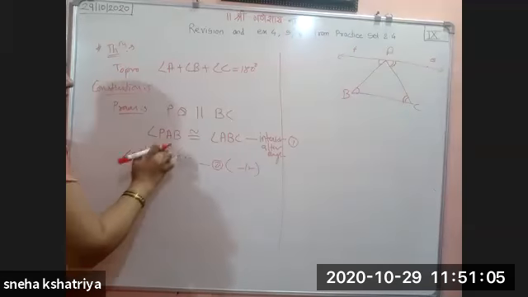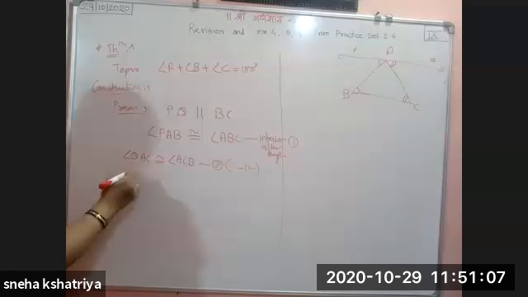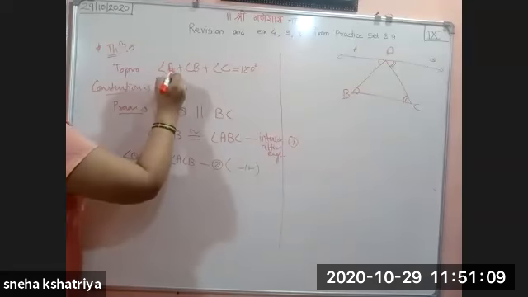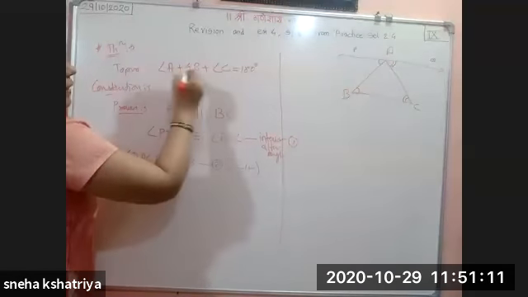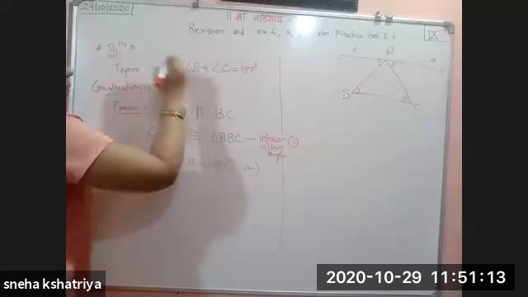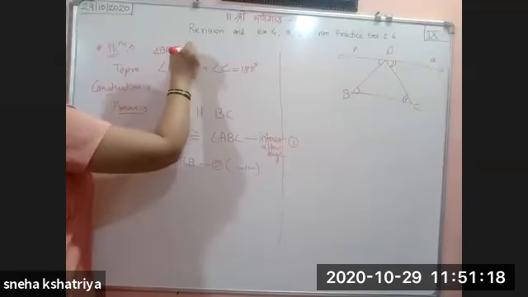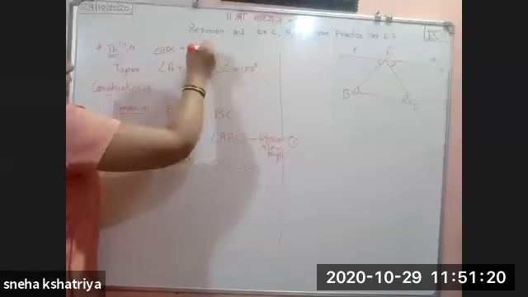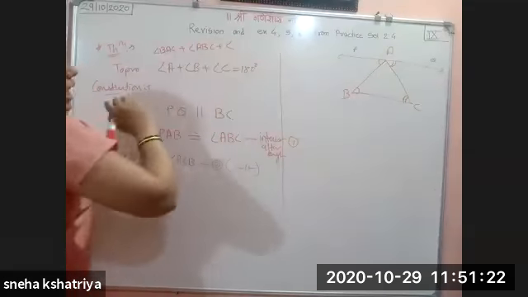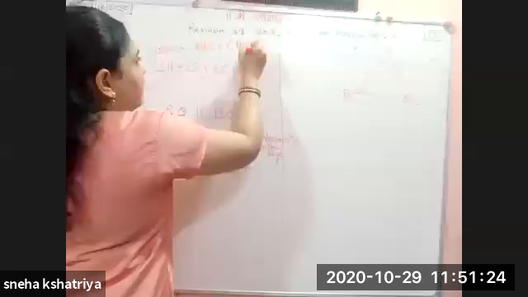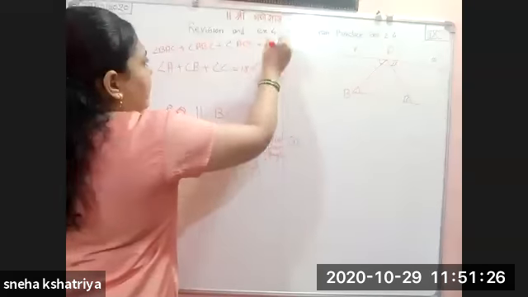Now add equations 1 and 2, because what we need is angle A plus angle B plus angle C. This is BAC plus ABC plus angle ACB equals 180 degrees.